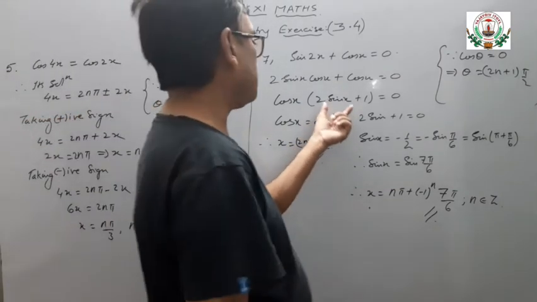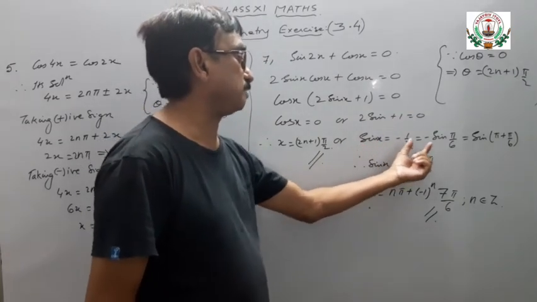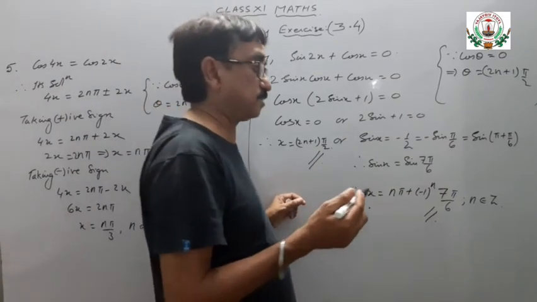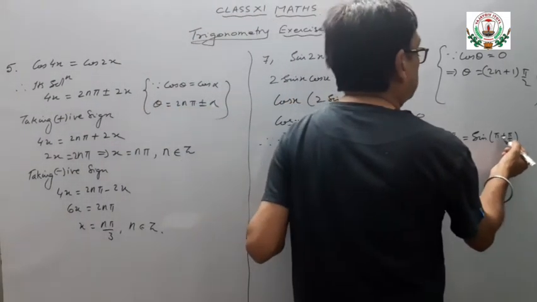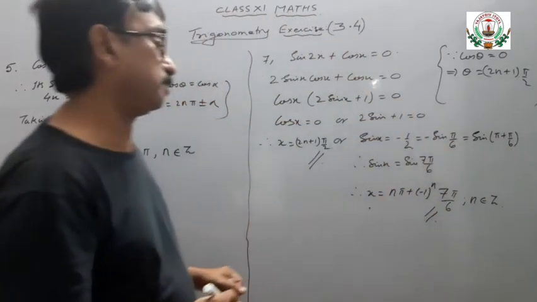And the second one, 2 sin x plus 1 equal to 0. Here we get sin x is minus 1 by 2, that is minus sin π by 6, and it lies in the third quadrant, negative sin x. So sin (180 plus θ) becomes a positive angle, sin 7π by 6.